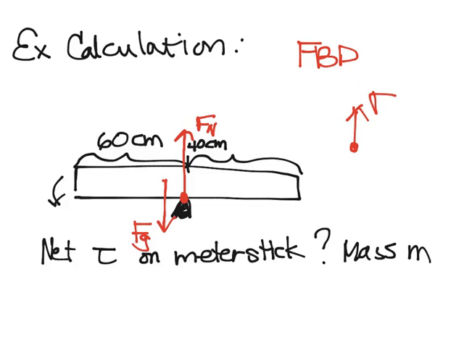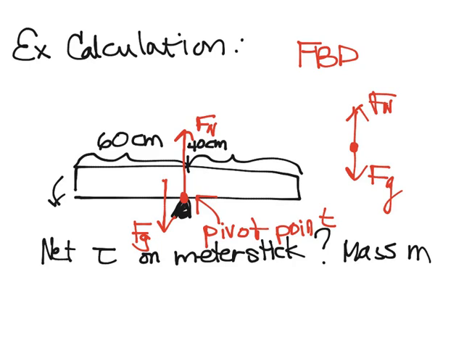So I have Fn, and I have Fg. Now, if I want the torque on the meter stick, I have to specify what's called a pivot point. In this case, this is a really practical pivot point to pick because that's where there's an actual fulcrum.